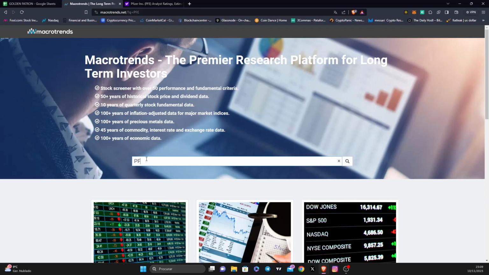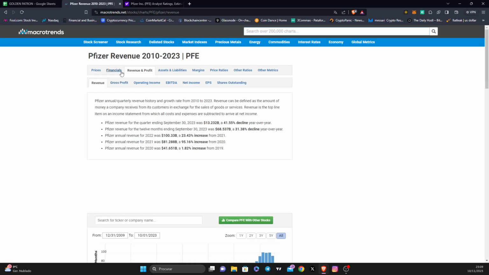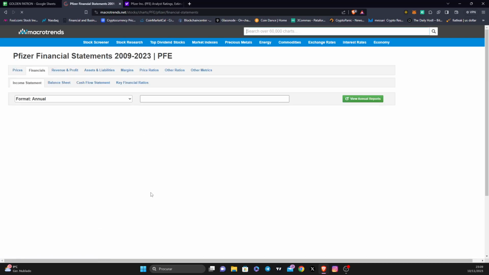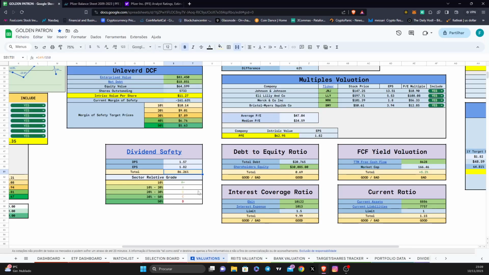Stock ticker symbol PFE. We want to come to financials, balance sheet, and shareholders' equity down here. So we will plug in this number right here, 95,916. And we come to 0.22. So it's below 1, so lower financial risk, so that's good.